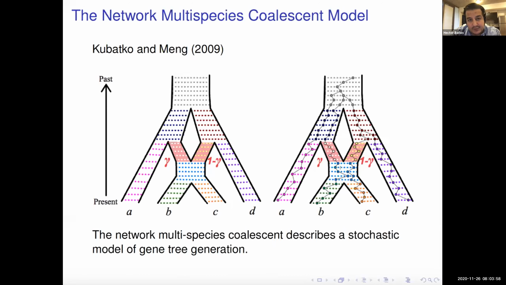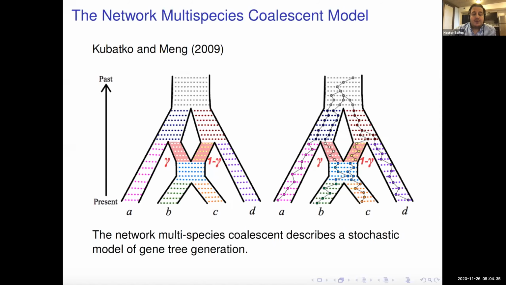Now, the difference between the multispecies coalescent model and the network multispecies coalescent model is that when you have a hybridization event, this lineage will trace back its ancestry with probability gamma along this edge, and with probability 1 minus gamma along that edge. So it could be that both of these lineages that are present at this time will trace their ancestry back to this population with probability gamma squared, or 1 minus gamma squared if both go this way, or probability gamma times 1 minus gamma if this one goes this way and this one goes that way.